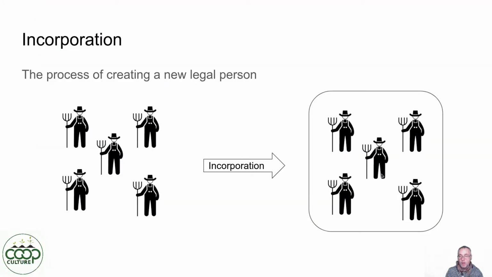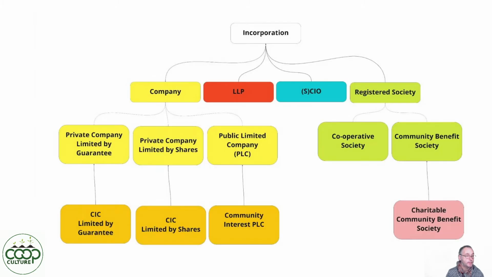So in video 1 we used this example of the incorporation of a group of 5 farmers to create an incorporated organisation, through this process of creating a new legal person, and we talked about the pros and cons of why you might do that.